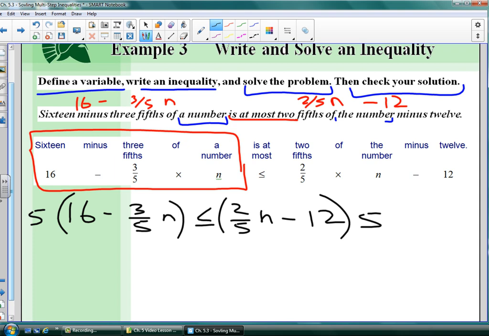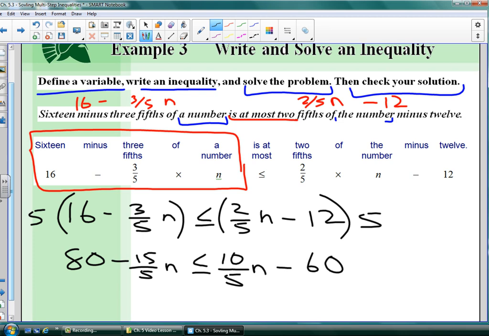So 5 times 16 is going to give us 80 minus 15 over 5. I know that you can reduce that, but I'm just doing it out so you see what's going on. Is less than or equal to 10 divided by 5, because 2 times 5 gives you this 10 over here. And minus 12 times 5 is 60.